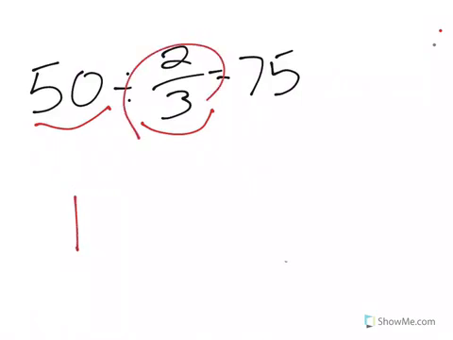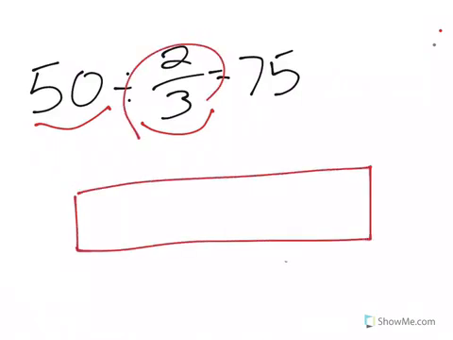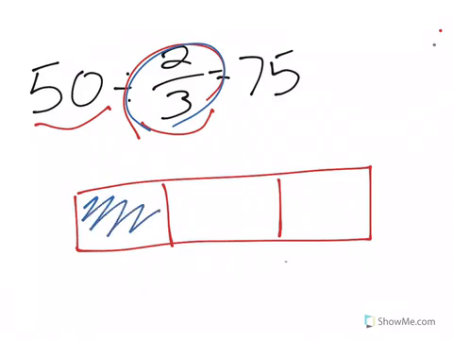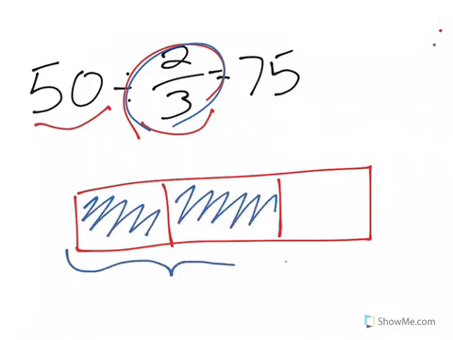I'm going to take my fraction, and I'm going to create a tape diagram, and I'm going to break it into thirds, right? That's as close as I can get to even sizes there. And I'm looking at 2/3, so I'm going to fill in 2 parts of that, and I know that the 2/3, which that represents, is equal to 50, right?